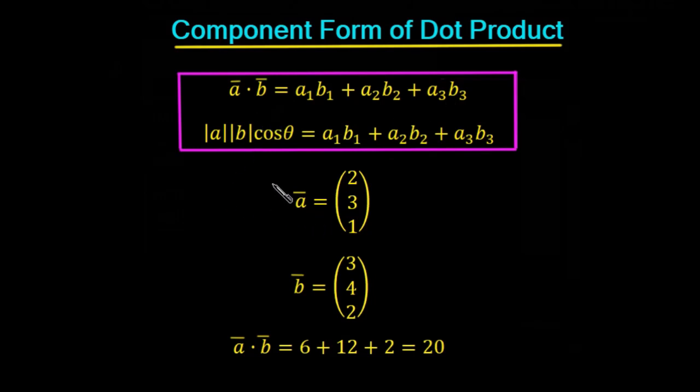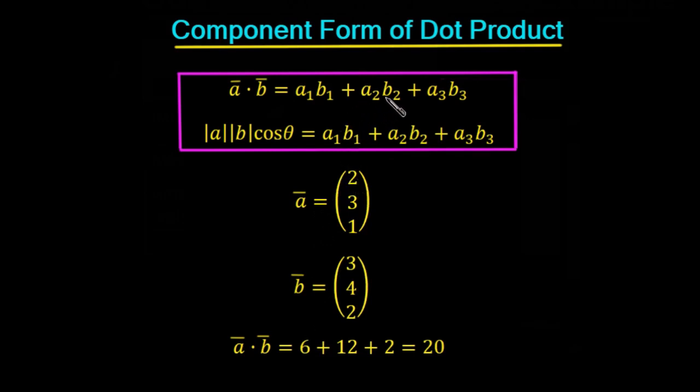But here's a simple example, and you can see that the actual examples are quite straightforward. So if we have a vector A, say it's 2, 3, 1, and vector B, which is 3, 4, 2, then for A dot B we just take A1 times B1, the first component of A times the first component of B, so 2 times 3, which gives us 6.